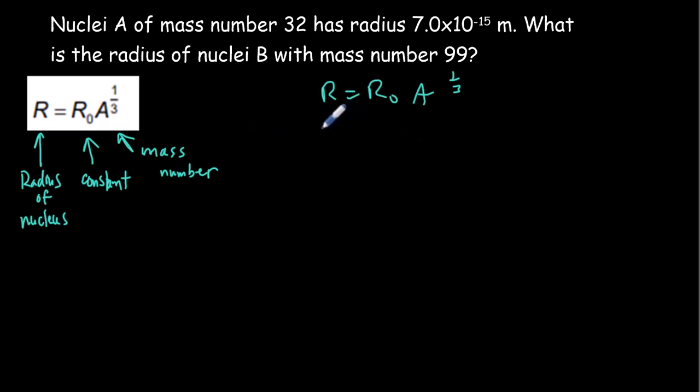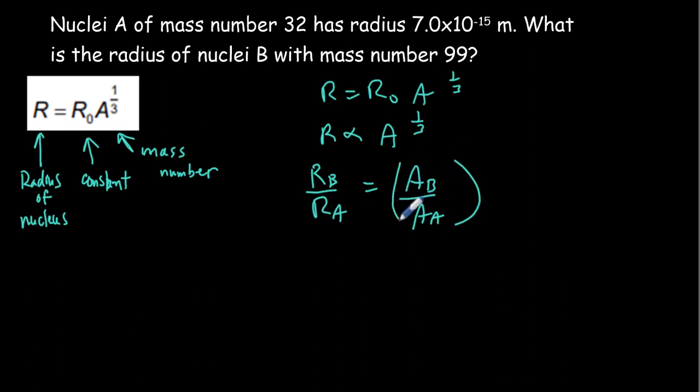Okay, so what we can say here is that R is proportional to, and we can eliminate R0 because that's a constant, it's proportional to A to the 1/3 power, which means that R of B all over R of A must be equal to A of B all over A of A to the 1/3 power. A of B, the mass number of B is 99.